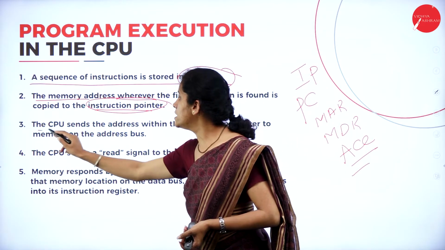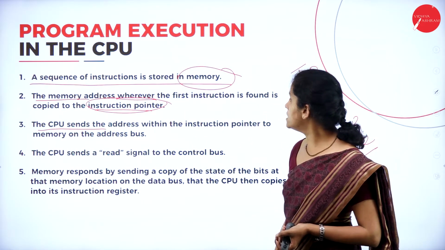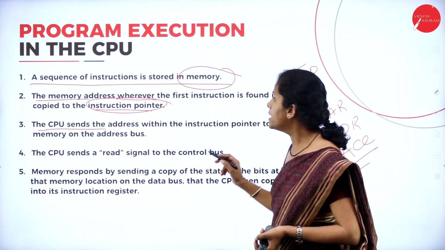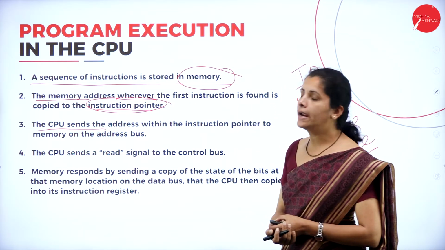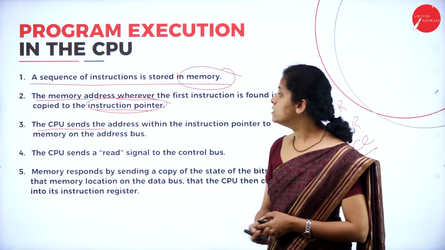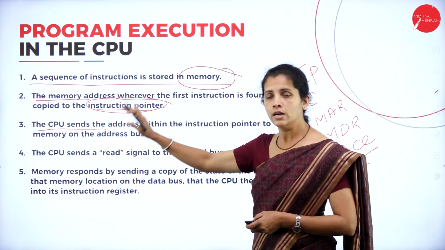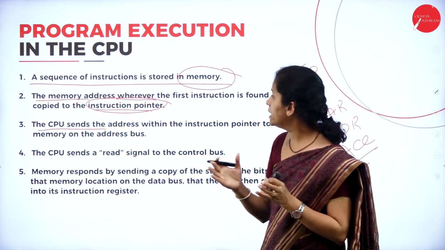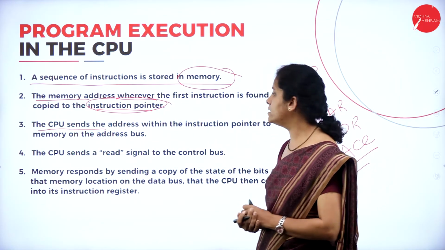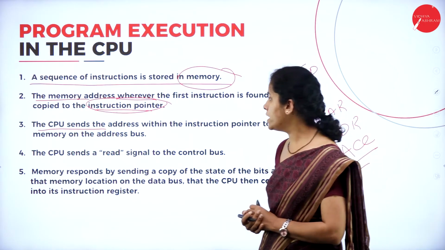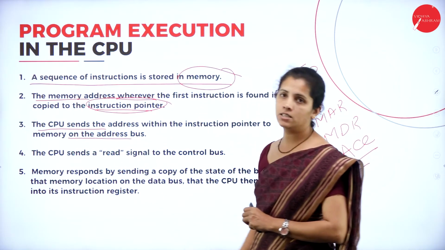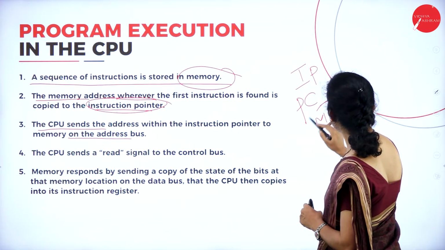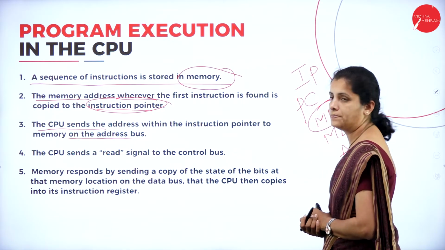And the CPU sends the address within the instruction pointer to the memory on the address bus. Now, the job of the CPU is to send the address stored in the instruction pointer to the memory on the address bus. For that, I am going to have the memory address register.